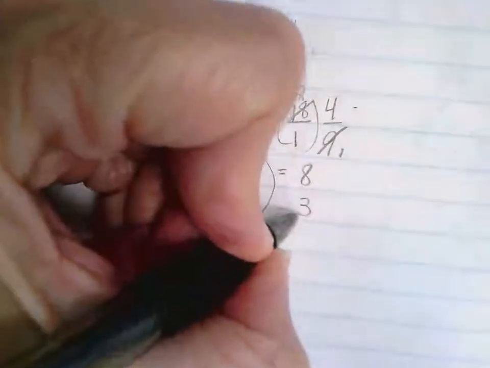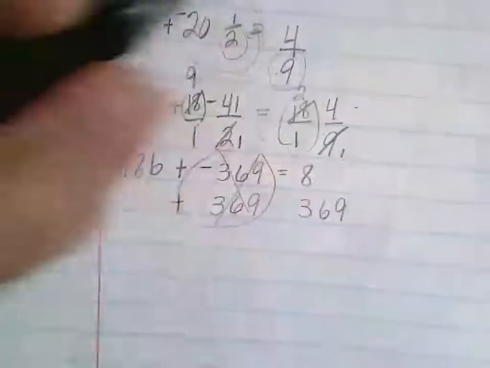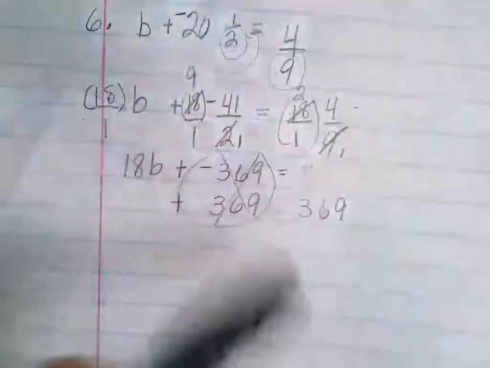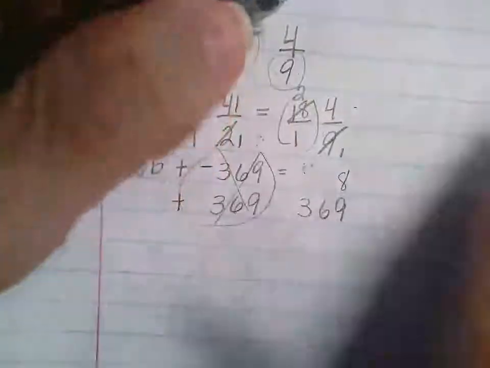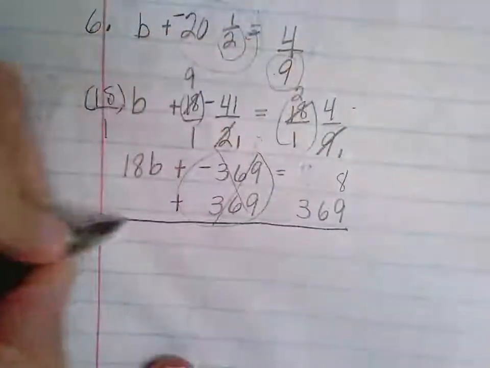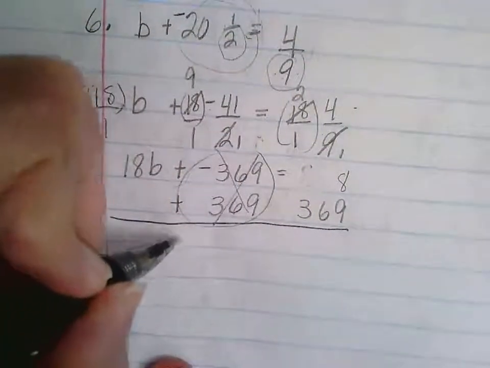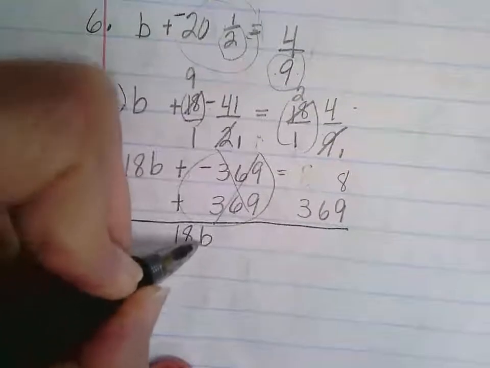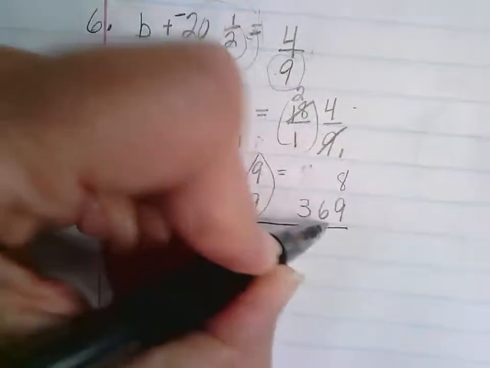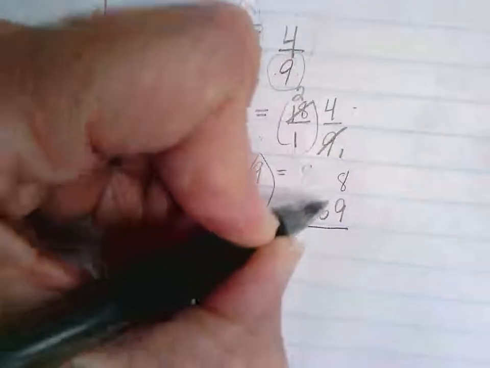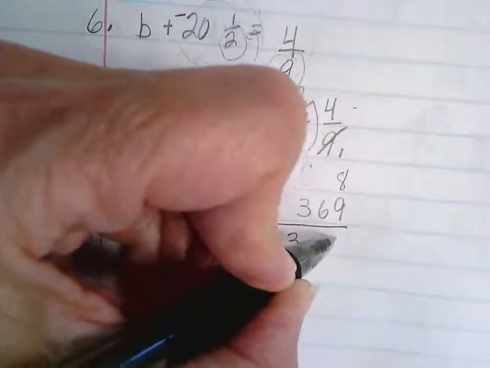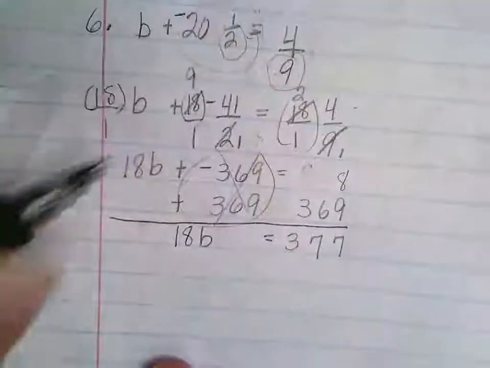But I have to do that on the other side as well. I'm going to move my 8 over a little bit so I don't mess up my addition. And so I'm left with 18b is equal to 377.